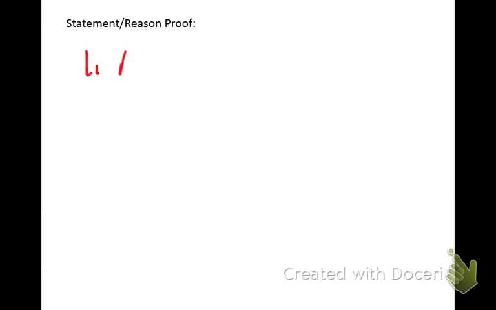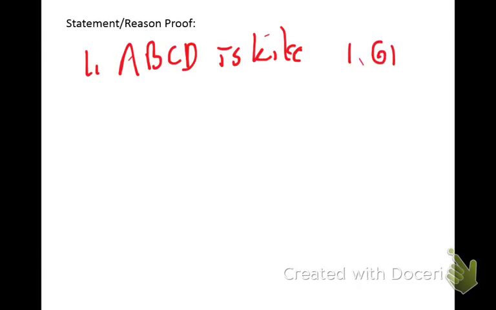All right, so let's do the proof. Statement 1 was our given. ABCD is a kite. And that's given. Step 2. What do we know from that being a kite? It's already marked in the figure, but what do we know? Dina?